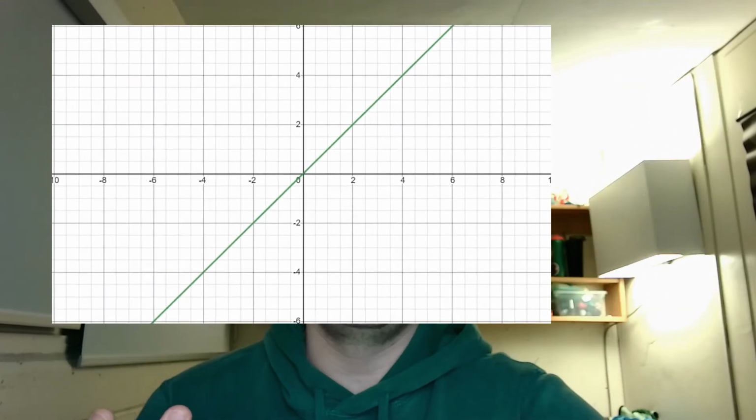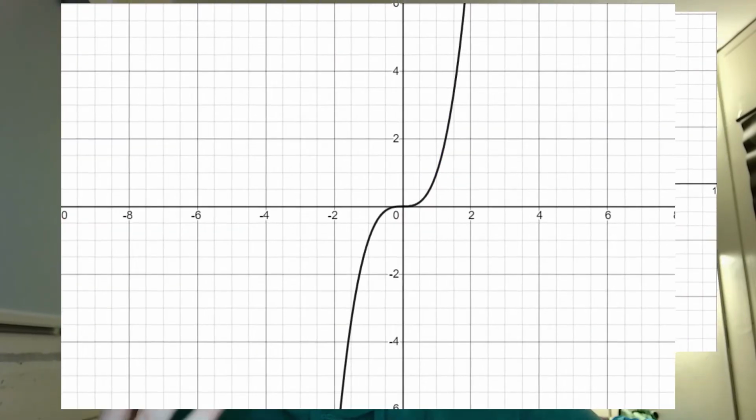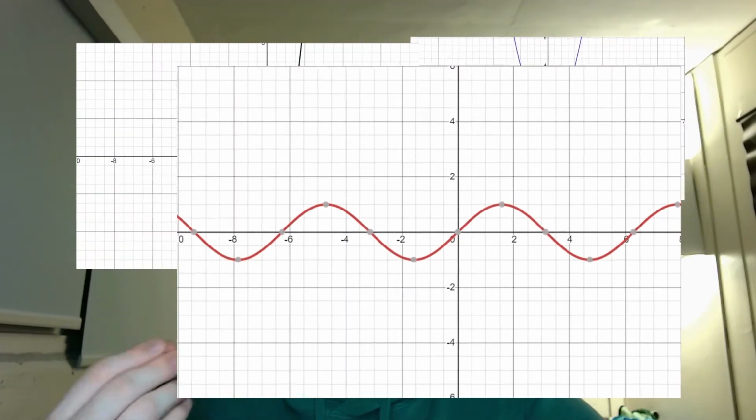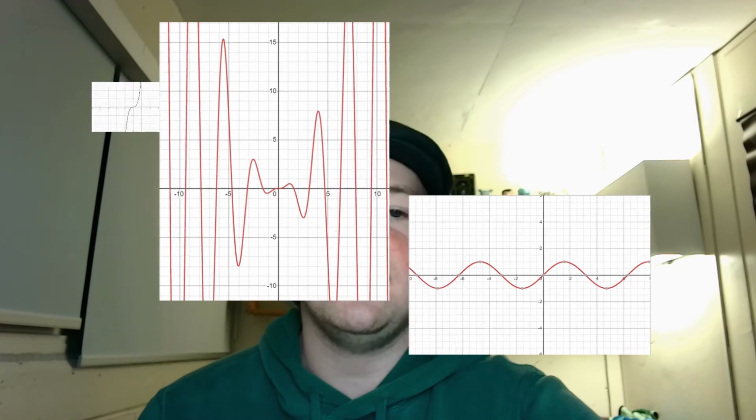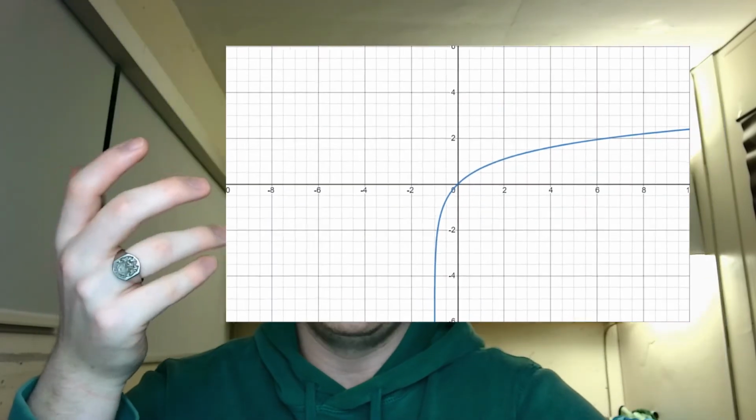I could have been talking about just the graph x, x squared, x cubed, sine x, cos x, or ln(x + 1). All of these graphs cross the origin, but there are an infinite number of others. So short of random guessing, you would never be able to get what graph I'm thinking of because there are an infinite amount.